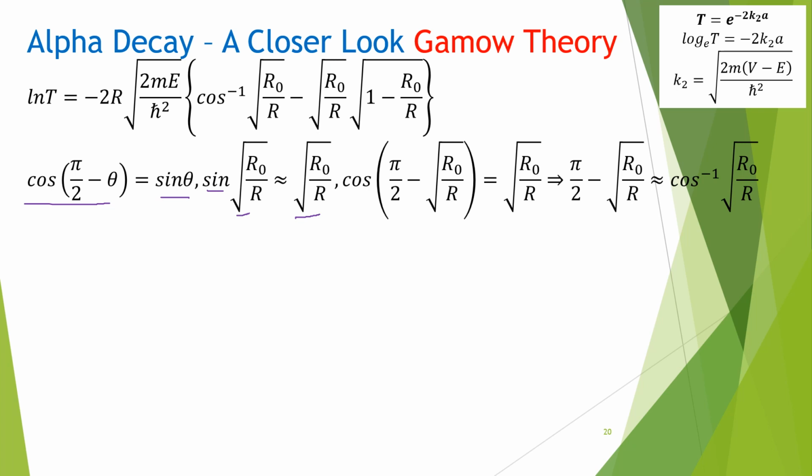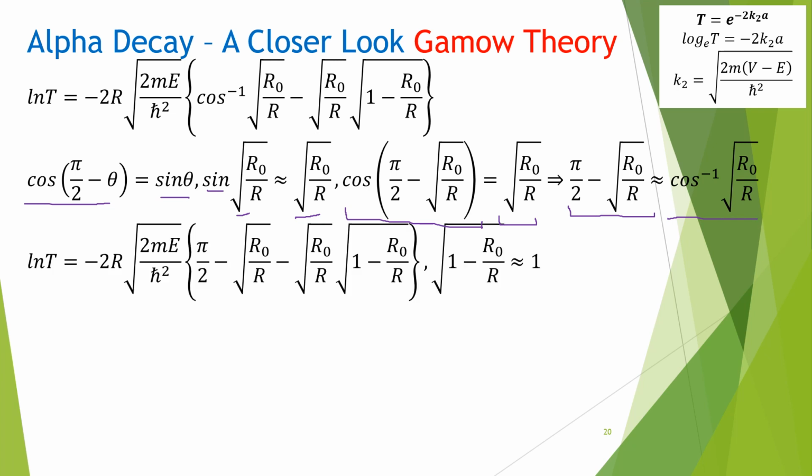And when we are performing cos of pi by 2 minus under root of r0 upon r, this will be simply equal to under root of r0 upon r. So taking cos inverse on both sides, we are left with pi by 2 minus under root of r0 upon r is approximately equal to cos inverse of under root of r0 upon r.